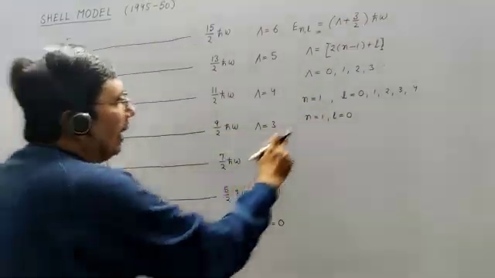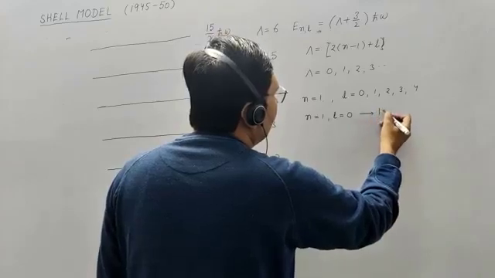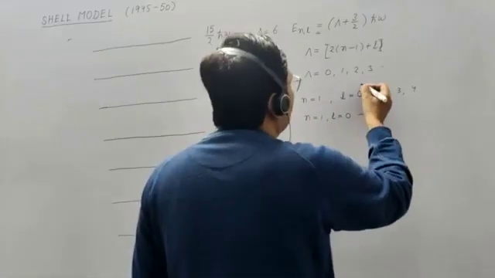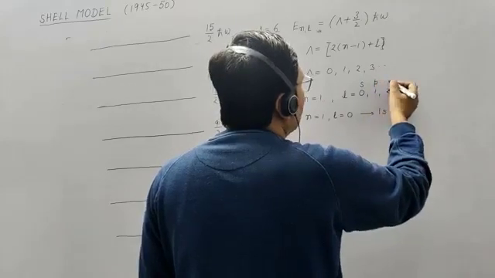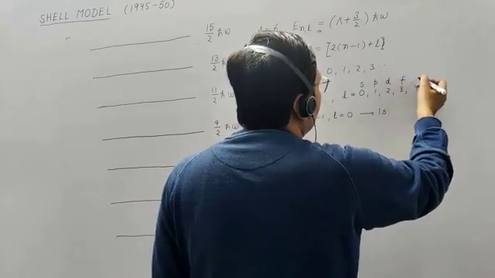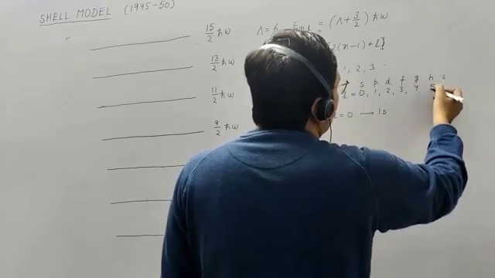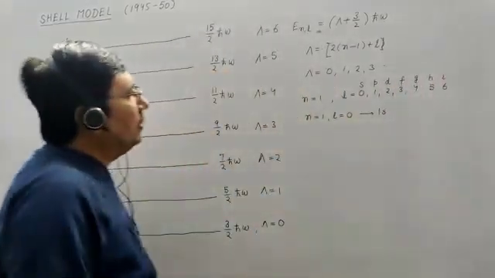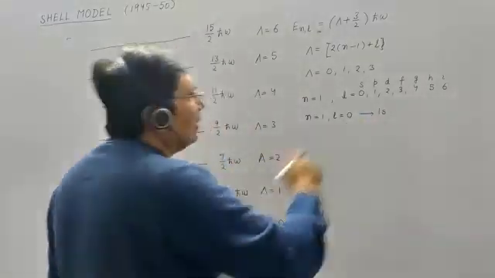So n equal to 1, L equal to 0 corresponds to the 1s energy level. L equal to 0 corresponds to the s orbit; the values s, p, d, f, g, h, i are the L values for different orbits. So n equal to 1, L equal to 0 is the 1s orbit.